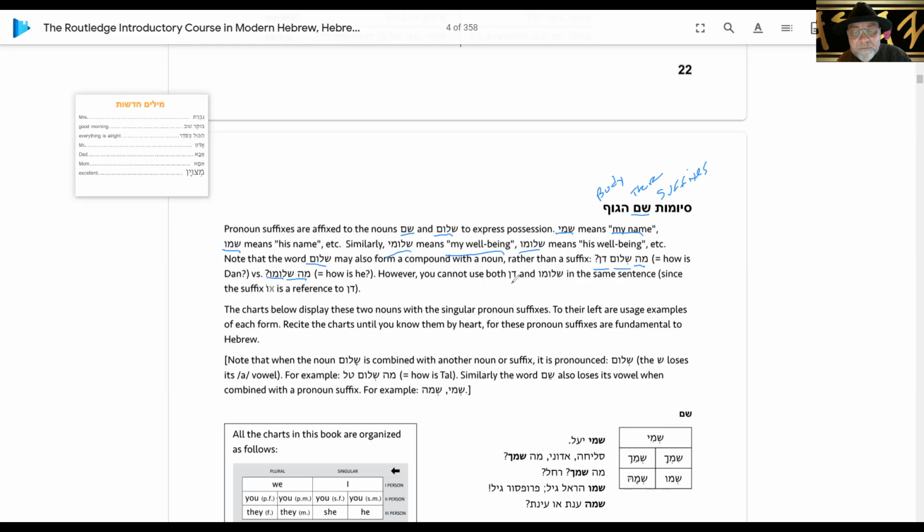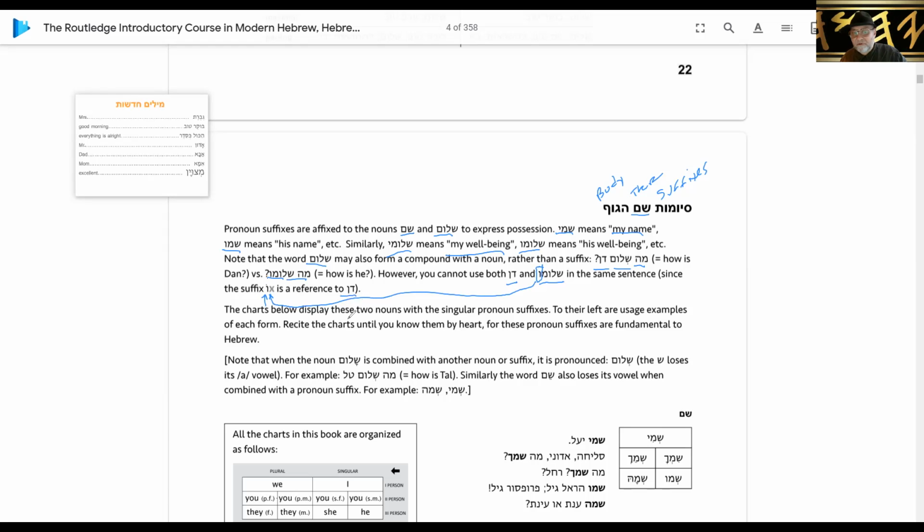However, you cannot use both Dan and Shlomo in the same sentence, since the suffix is basically a whole lamb at the end of the word. It's called a whole lamb, but it's an O sound, a reference to Dan.